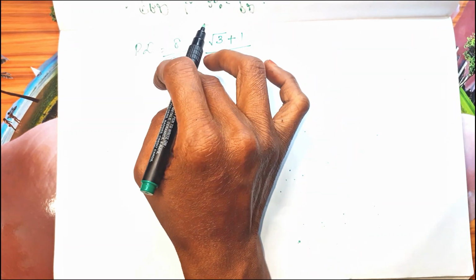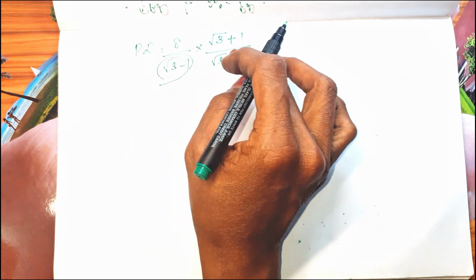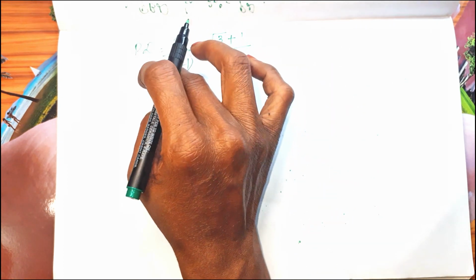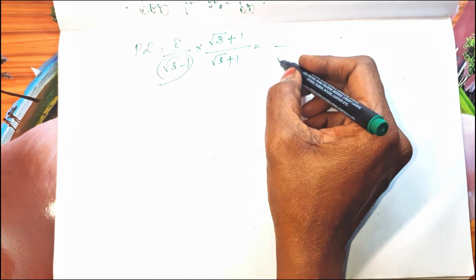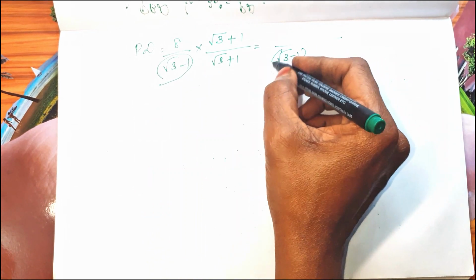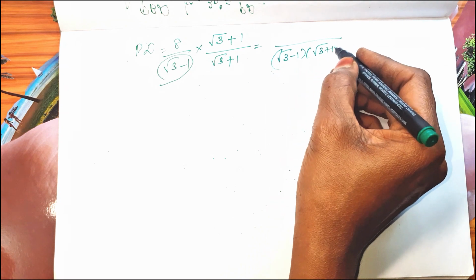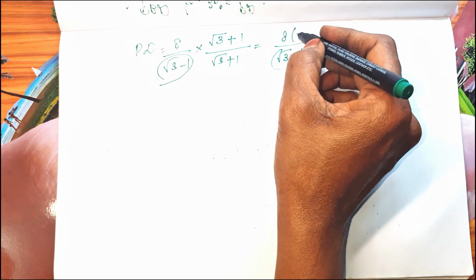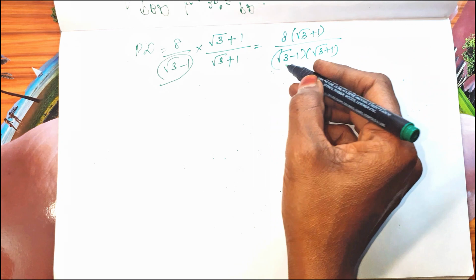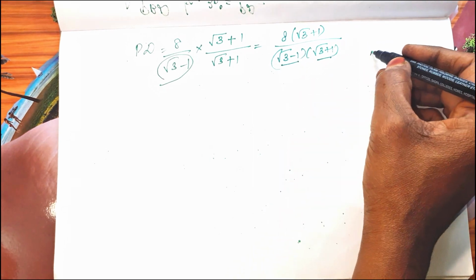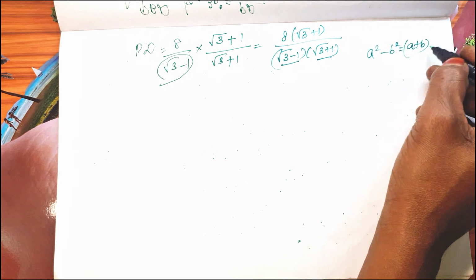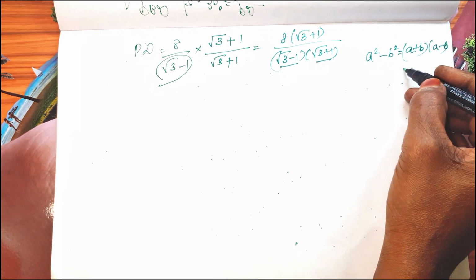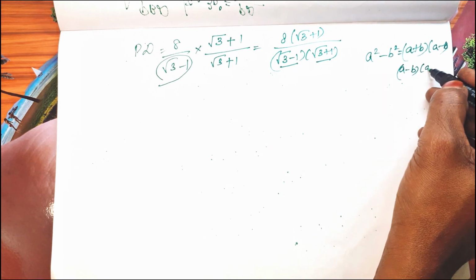Here the sign is minus, so we are taking plus. So it is minus, it is plus. When we combine the denominators it is root 3 minus 1 times root 3 plus 1, and in the numerator 8 into root 3 plus 1. This is a minus b, a plus b. A squared minus b squared is equal to a plus b into a minus b, or we can write a minus b into a plus b.